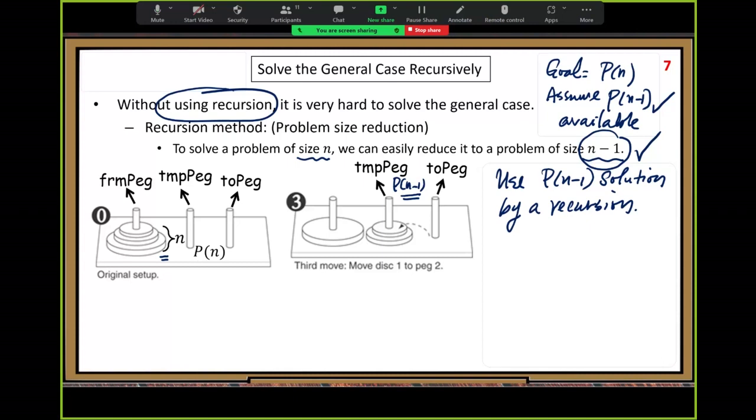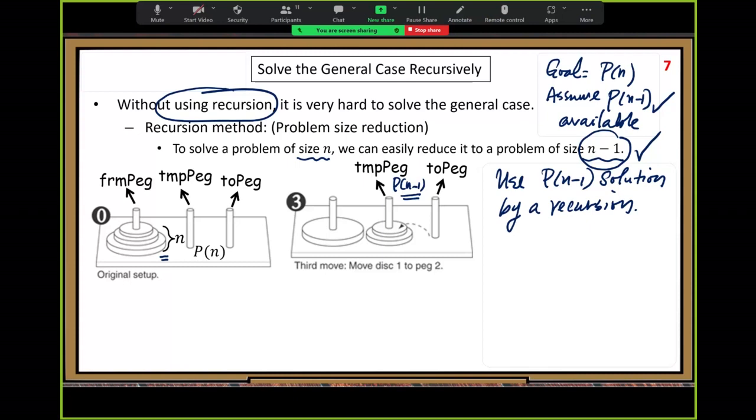For the detail, if some of you are still not quite sure how recursion can give us the solution of P of n minus 1, I need to use the stack data structure to explain the recursion implementation. So we will see that later.